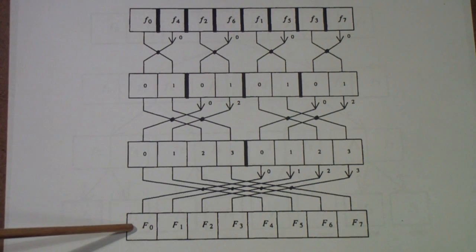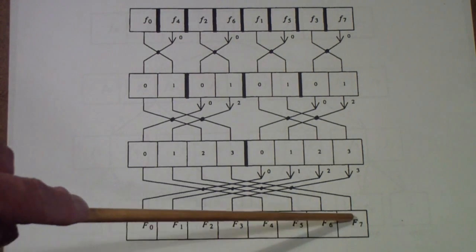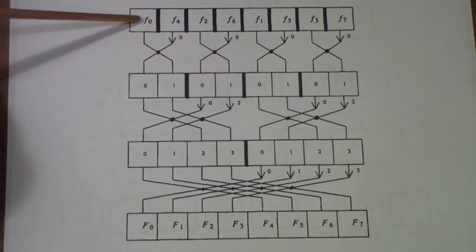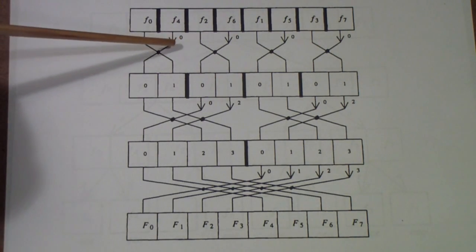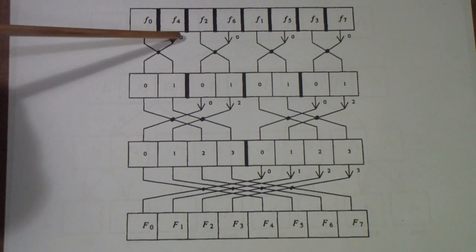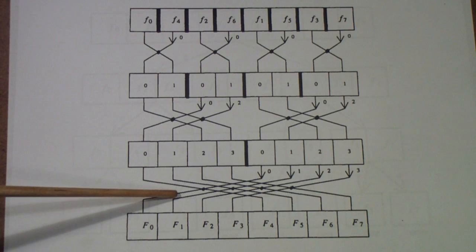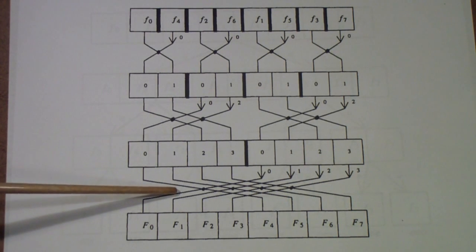That is the individual elements of the Fourier transform, the frequency elements. These are the time elements. These are the frequency elements. In the case of 8 bits, you have to do 3, that is 2 to the n, swaps.